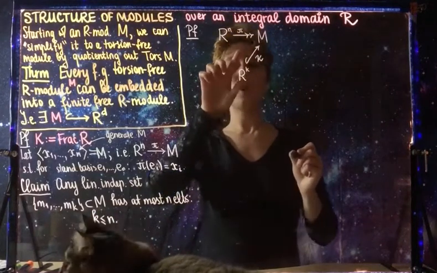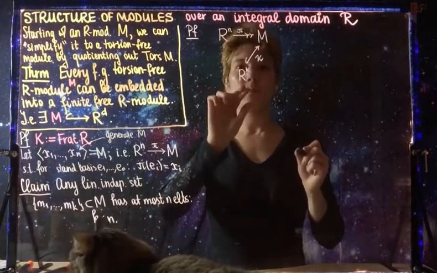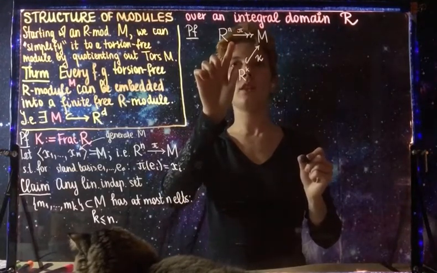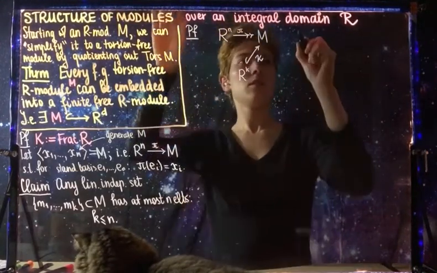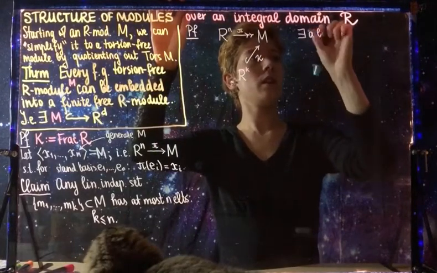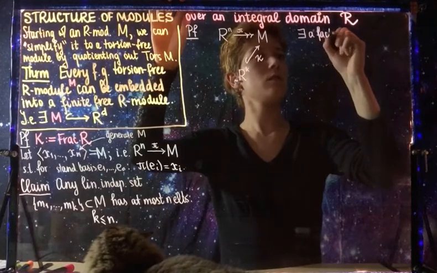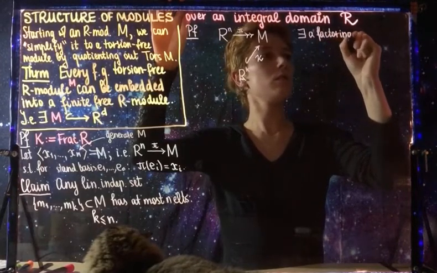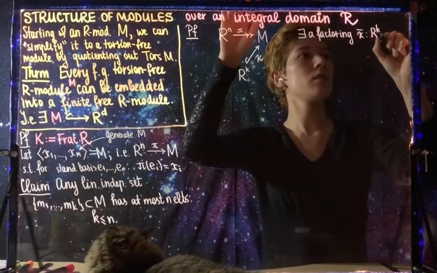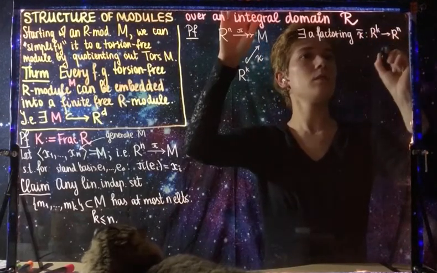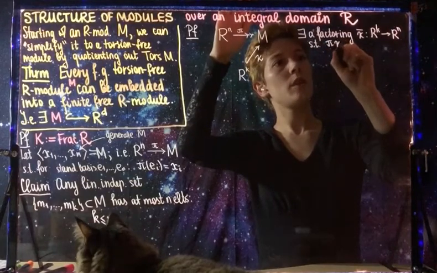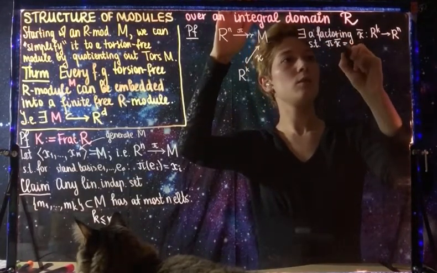Recall that we proved that morphisms from free modules can lift against surjections. So there exists a factoring kappa bar from R^k to R^n, so that pi of kappa bar is equal to kappa.